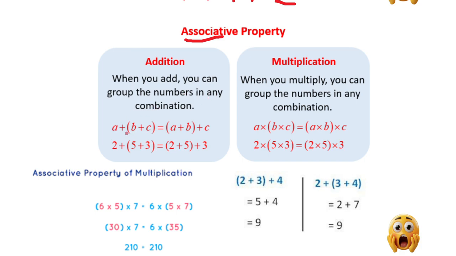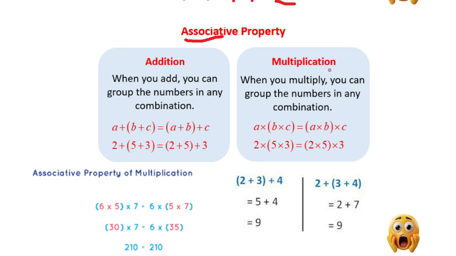have A plus open brackets B plus C, it will be the same as open brackets A plus B close brackets plus C. An example can be 2 plus open brackets 5 plus 3, which will be the same as 2 plus 5 open brackets plus 3.